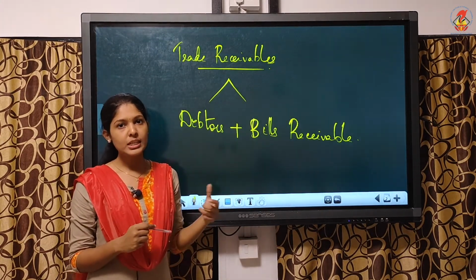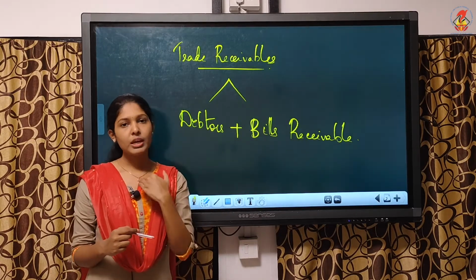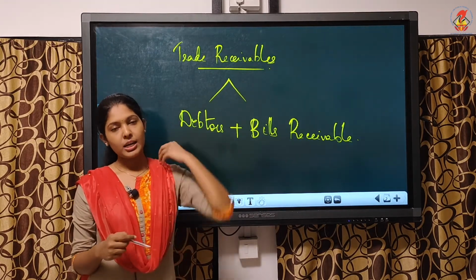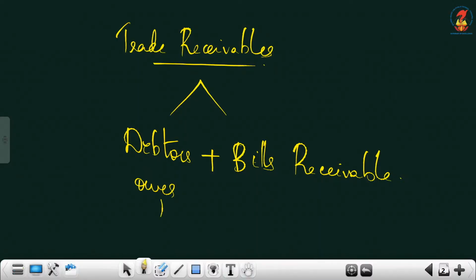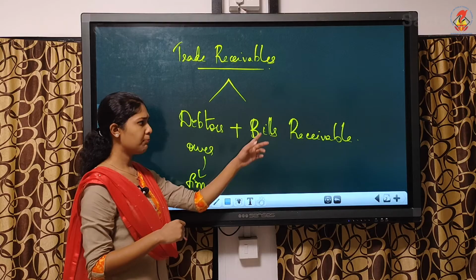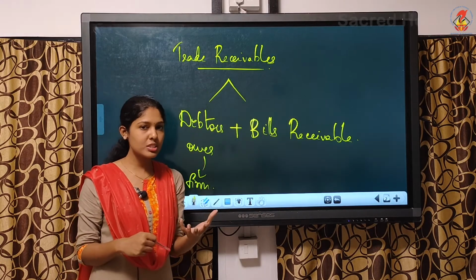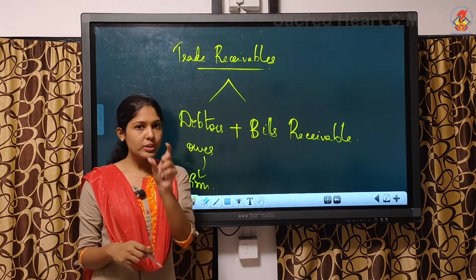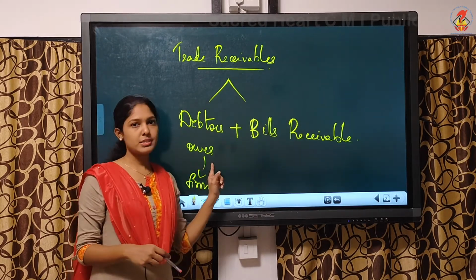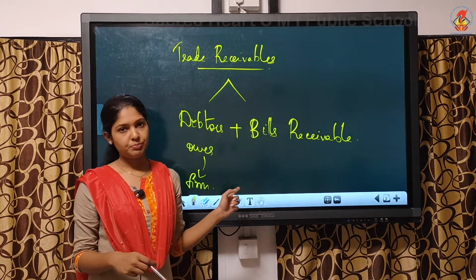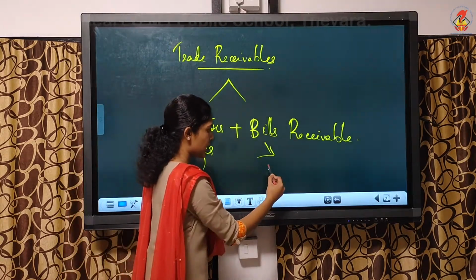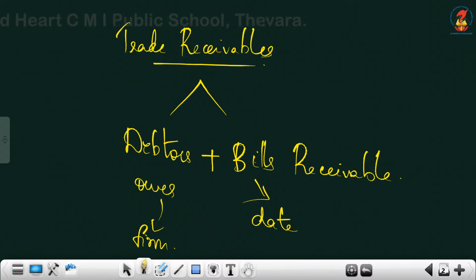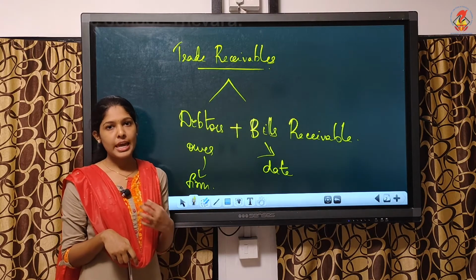Debtor, who is a debtor? Person from whom we have to receive money, or person who owes. He owes money to the firm, to us. We are the firm. Bills receivable means it is a bill of exchange. It is a document which shows the amount receivable from debtors. Understood? And also in this bill, they will mention the date on which we will receive the amount.